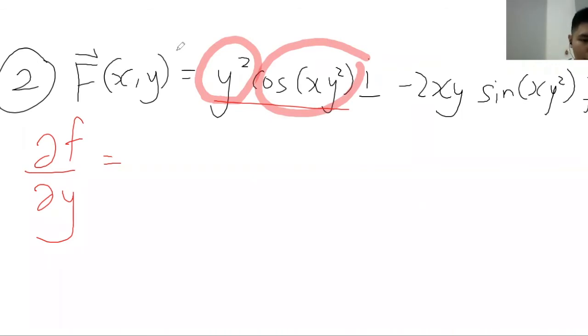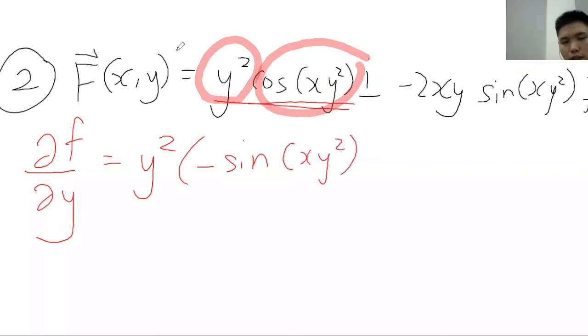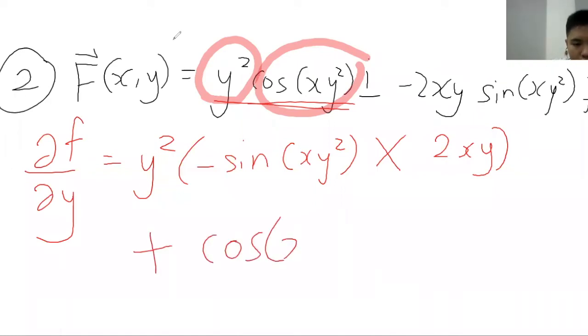We copy the first one and differentiate the other. Differentiating cos of x y squared, we get negative sine of x y squared. Because there's a function inside, we multiply by the derivative of the inside, x y squared, with respect to y, which gives 2xy. Not yet done: we copy the other and differentiate the other side. Differentiating y squared, we get 2y.